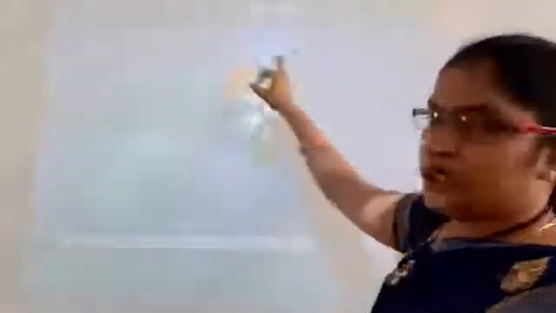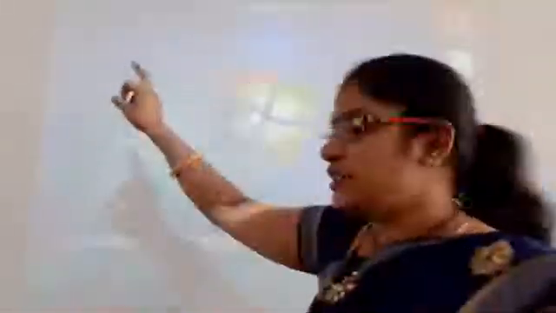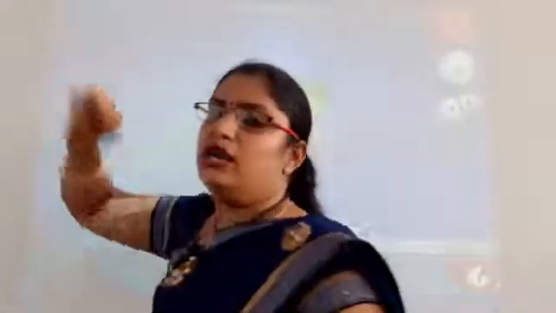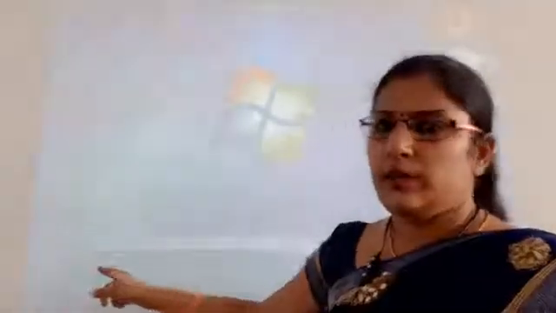Now the background picture that we see, this is the wallpaper. Then we see some icons on the left side, small pictures on the left side, that are called icons. Then we see some gadgets on the right side, these are called gadgets. And we see a long horizontal bar at the bottom, that is called task bar.